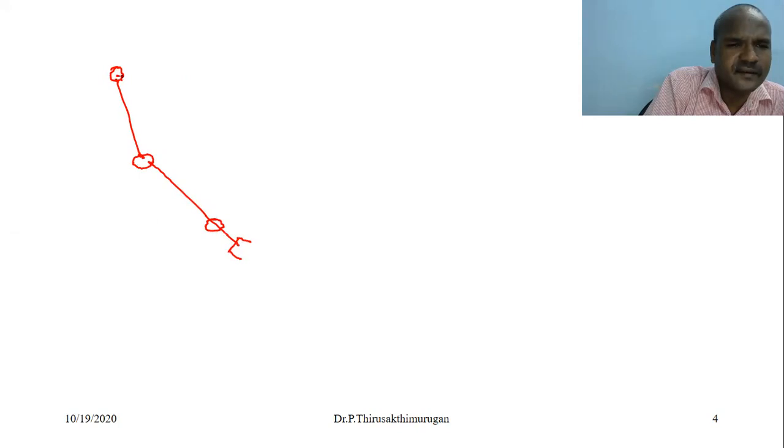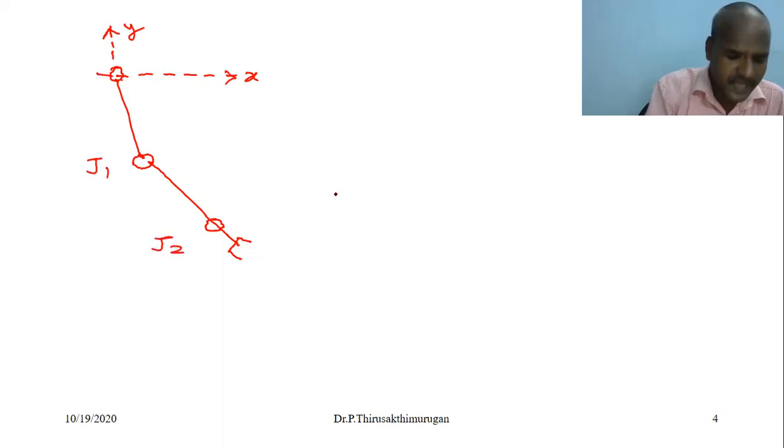Say this is the horizontal axis. This is vertical, Y, X. Say this is M0. This is a fixed end. So this is joint 1. This is joint 2. This joint makes an angle of theta 1.